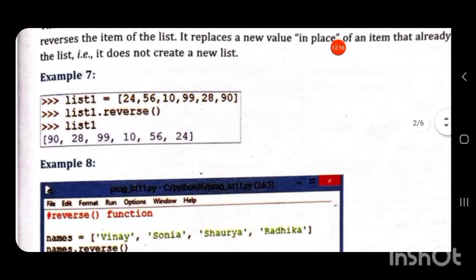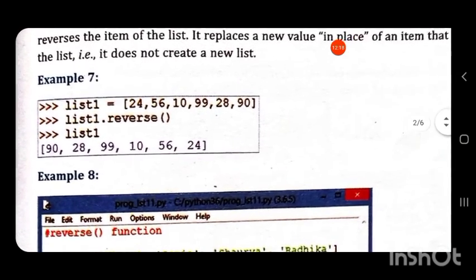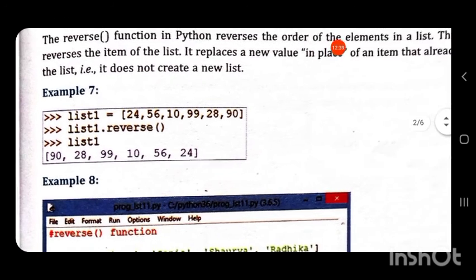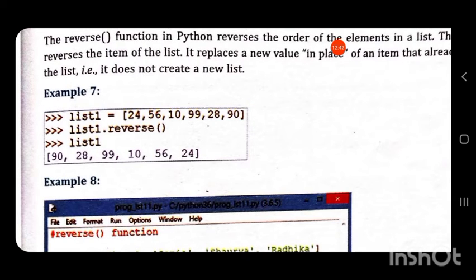So you can see an example. We have list 1 is equal to 24, 56, 10, 99, 28, 90. These are the elements in a list. So when we perform the reverse function, list 1 dot reverse, then what happens is the order of the elements in list 1 is changed or reversed.